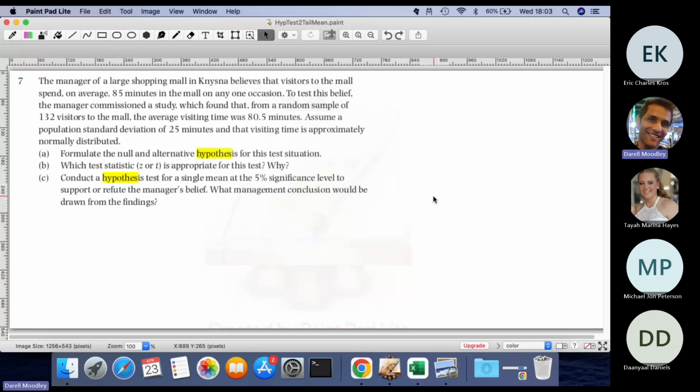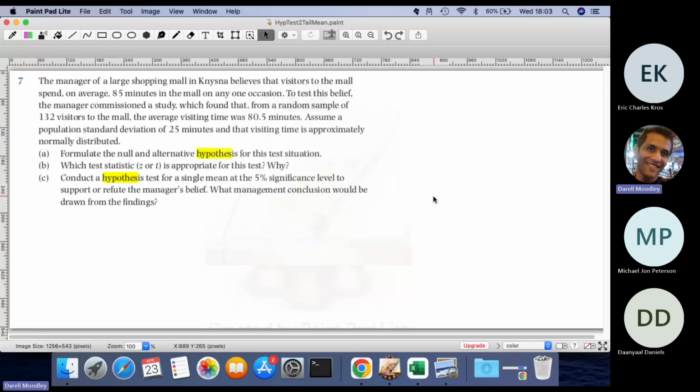For instance, if someone claims that out of every 1,000 cars that come out of this factory, only 2% of them have a defect, you'll hear claims like that in the industry sector and various other sectors.